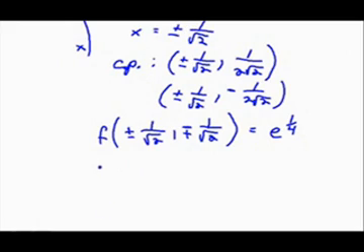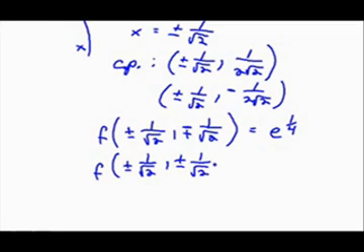And if you plug in plus or minus 1 over root 2, comma, plus or minus 1 over root 2, so the signs have to agree, you'll get e to the negative, actually, e to the negative 1/4, I should say.